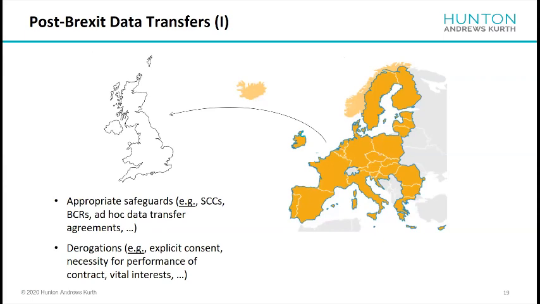In relation to the Schrems II ruling, I also wanted to mention that following this ruling, organizations that are transferring data to recipients outside the EEA need to carry out a transfer risk assessment that, in addition to the risks related to the specific transfer at stake, also takes into account the level of protection offered to personal data under the legal framework of the country where the recipient is located.